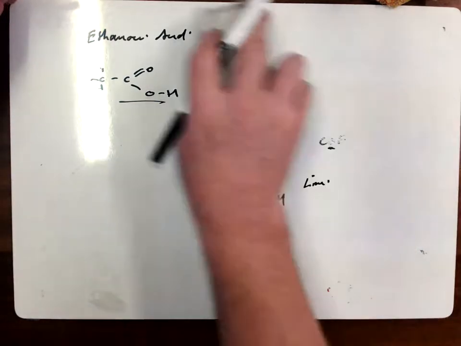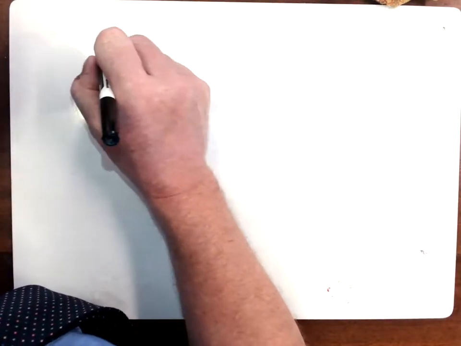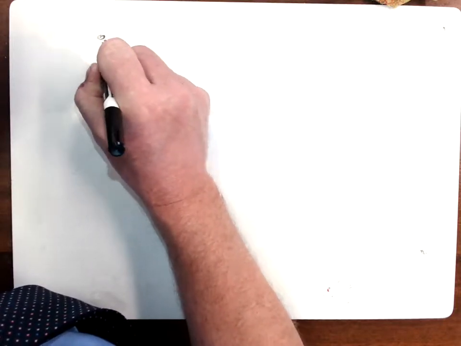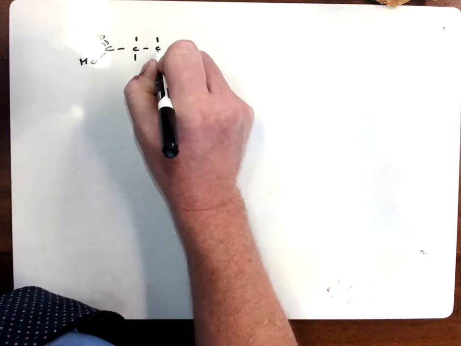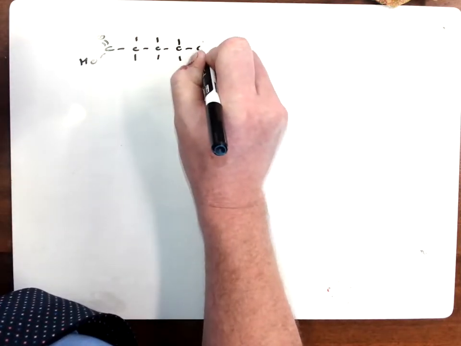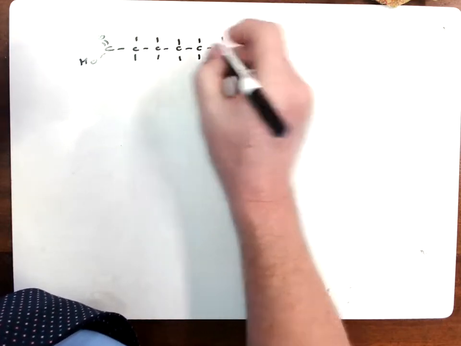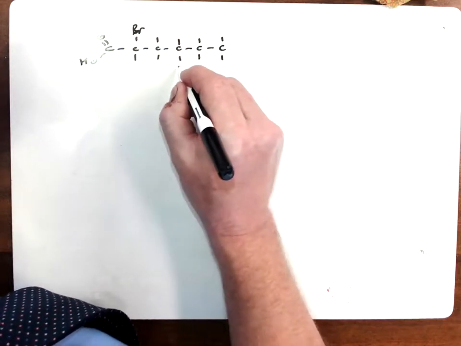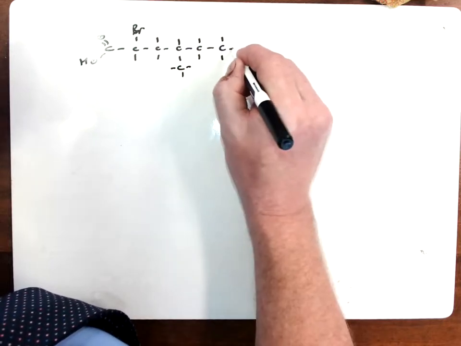Right, so we'll do another couple. So let's see here now. If we have maybe a dicarboxylic acid, we'll show you how you would deal with those, and we'll put a couple of methyl groups on it as well. So we'll put a Br on it, and we'll put a methyl group there.